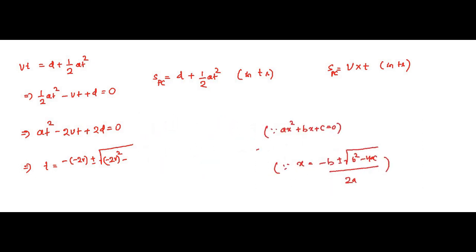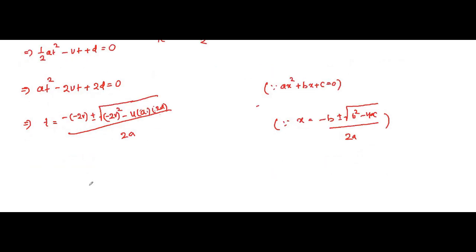This minus 4 into 2ad, 4a into 2d, sorry, 4a into 2d. This is 4 into a into 2d by 2a.